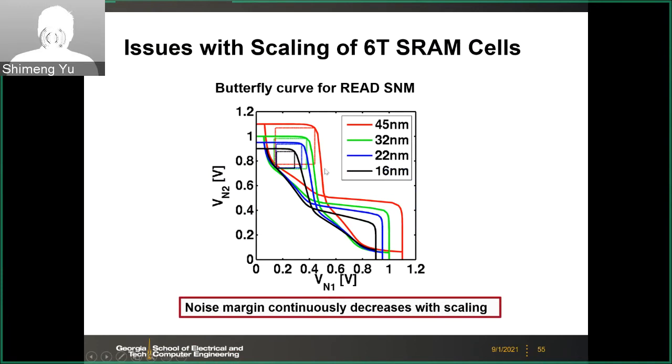So if you plot everything together like this, you will see the scaling will impact the noise margin. First of all, the power supply VDD is decreasing. Then the margin will decrease accordingly.